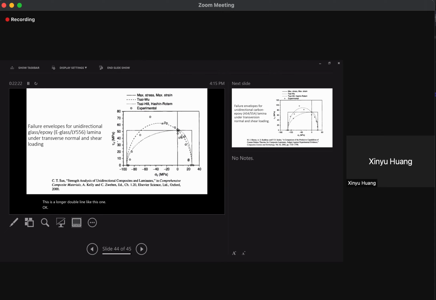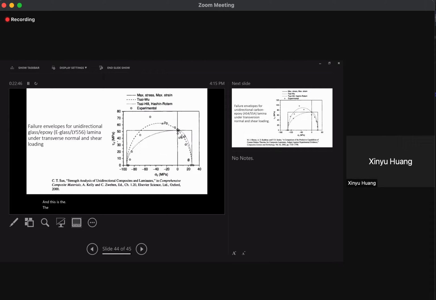This is a different way to plot the data. This is when you have a biaxial stress, and you also have a shear stress. You have the in-plane shear here, and you have sigma 2. And this is the failure envelope.